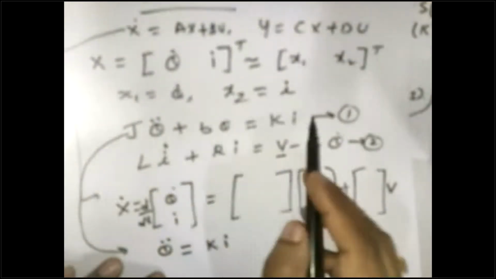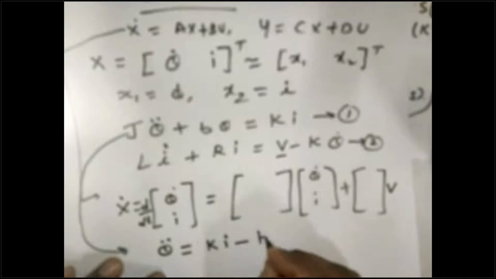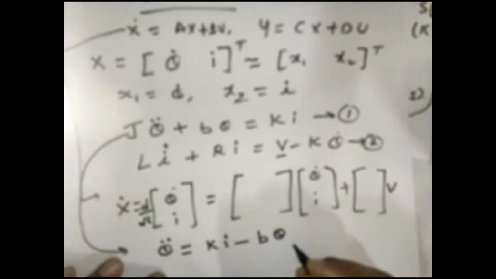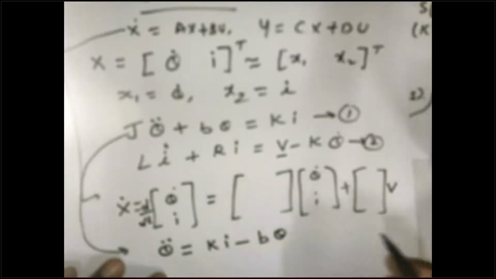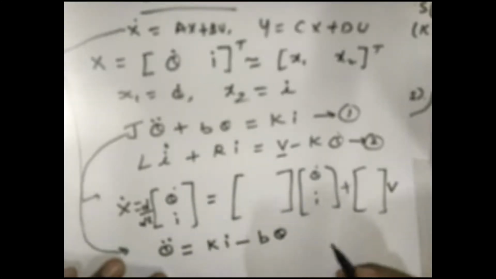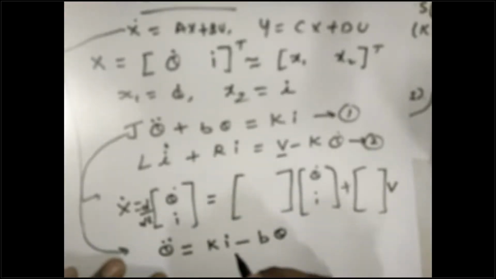What I'm doing is first I will send this to the other side, minus B theta.